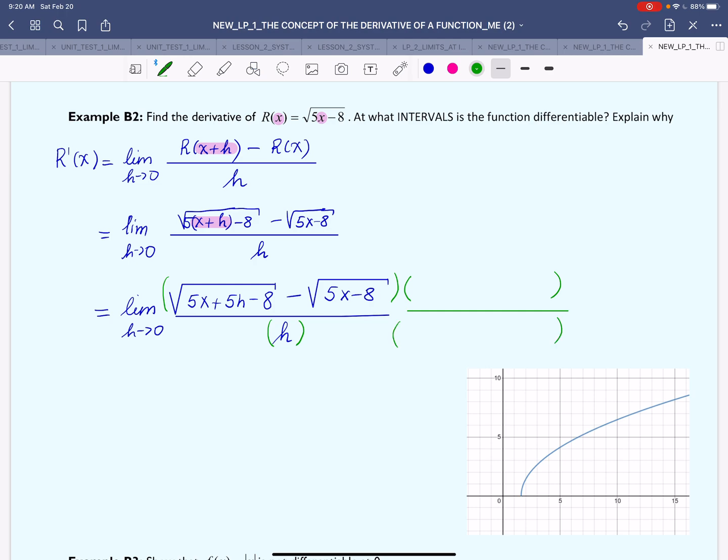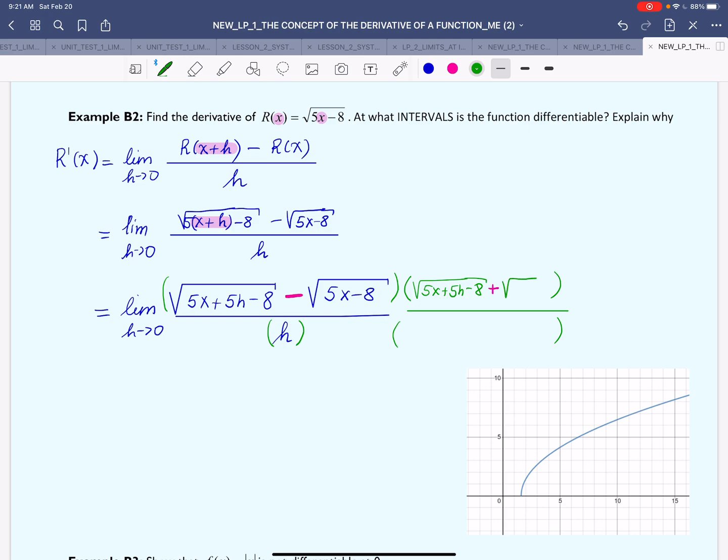lessons about limits. So that would be the root of 5x plus 5h minus 8. Now, remember that if you have a minus, so the difference, the conjugate will be the sum of the exact same terms.